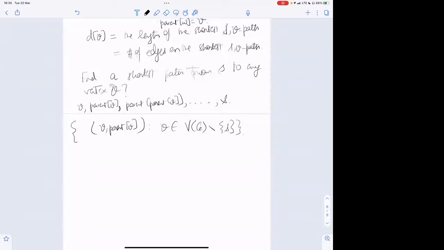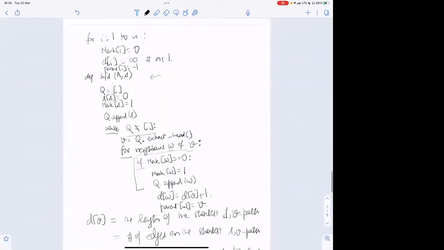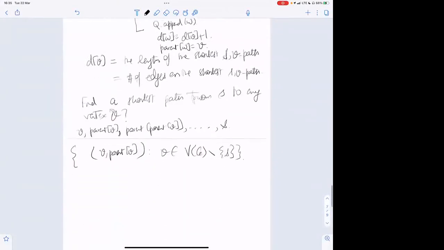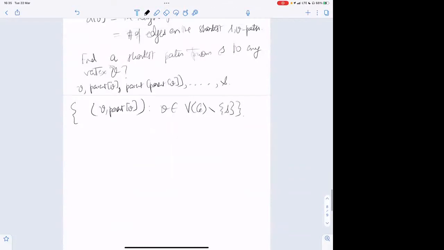S doesn't have a parent, of course. We never change the parent of S from -1. So all other things reachable from S have parents, and this graph is a tree.